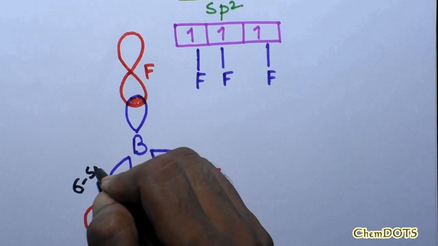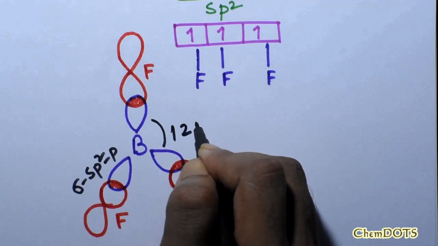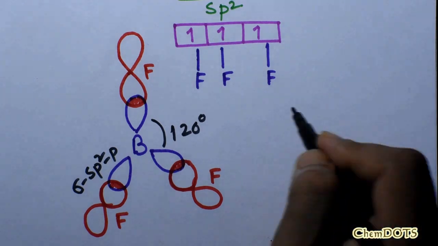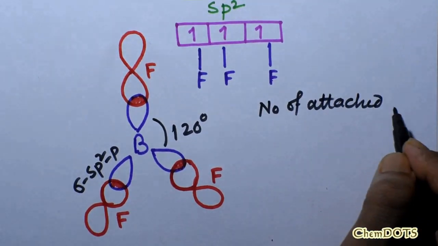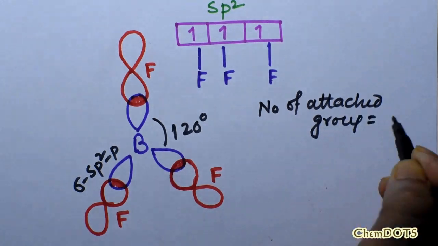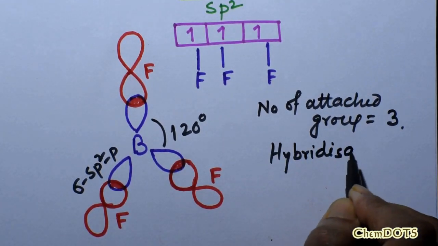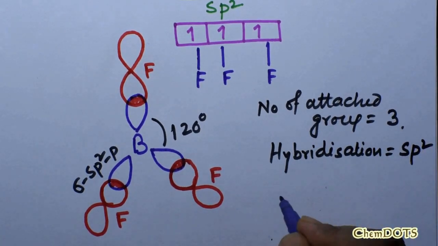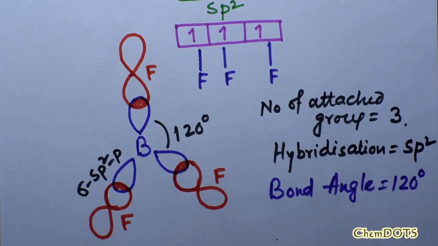So they are forming sigma bonds, of the sp2-p type, and the bond angle here is 120 degrees. Let's summarize that part: the number of attached groups is 3, the hybridization of boron is sp2, and the angle between the two sp2 hybridized orbitals is 120 degrees.